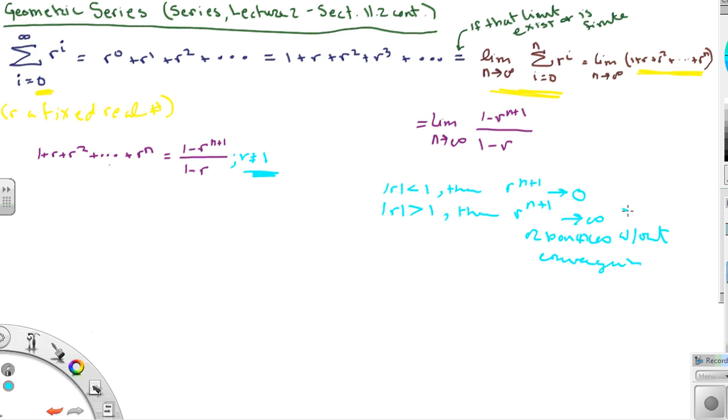In other words, it diverges. So if the absolute value of r is less than 1, that means r is between negative 1 and 1, and this is going to go to 1 over 1 minus r. If the absolute value of r is bigger than 1, it diverges.